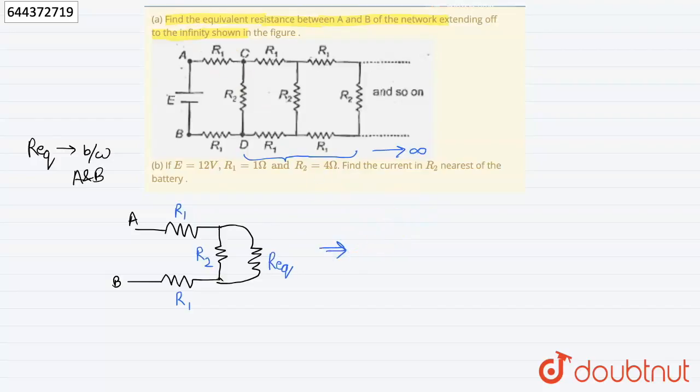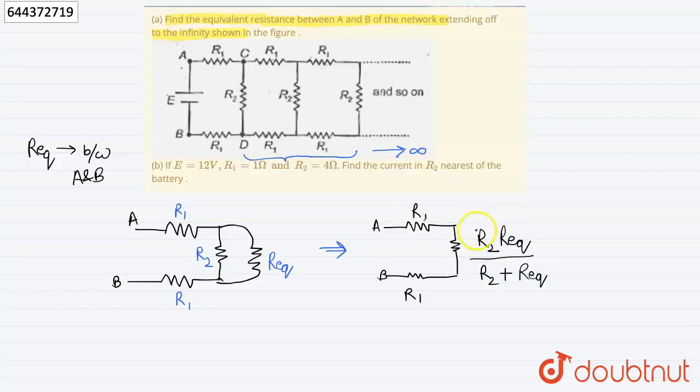So we can redraw this circuit as, this is R1, R1, and this will be R2 R equivalent upon R2 plus R equivalent.